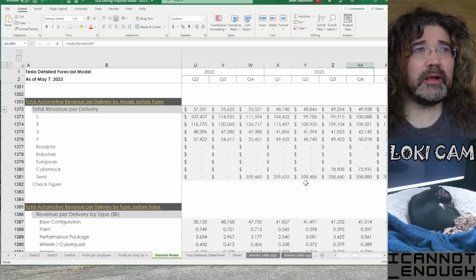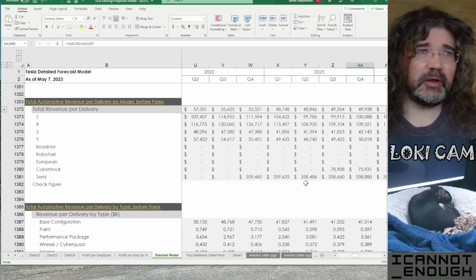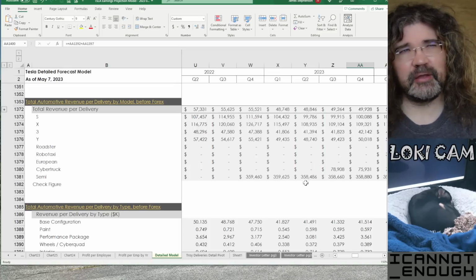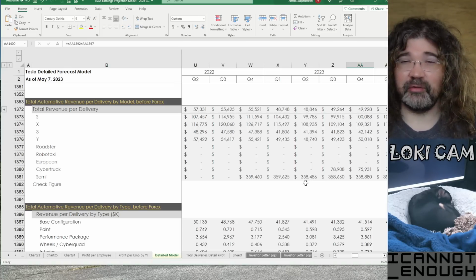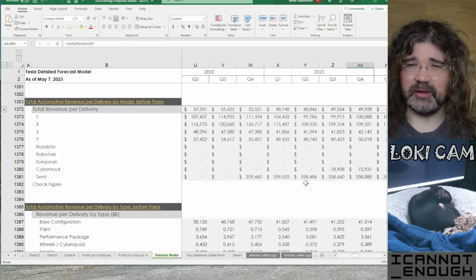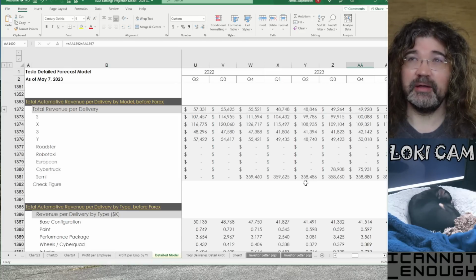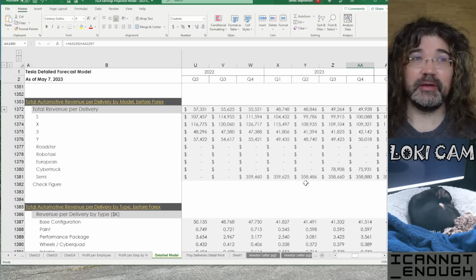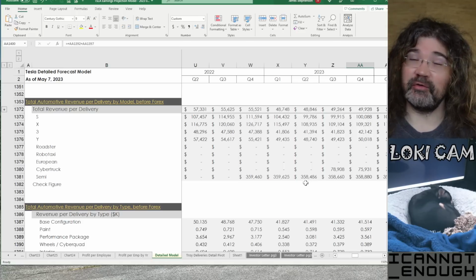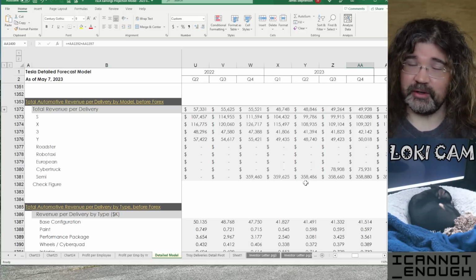What's next? Well, let's talk about total automotive revenues per delivery by model before Forex. What's Forex? Forex is the industry standard jargon abbreviation for foreign currency impact. Now, the X part is for exchange, but there's two different kinds of foreign currency impacts.